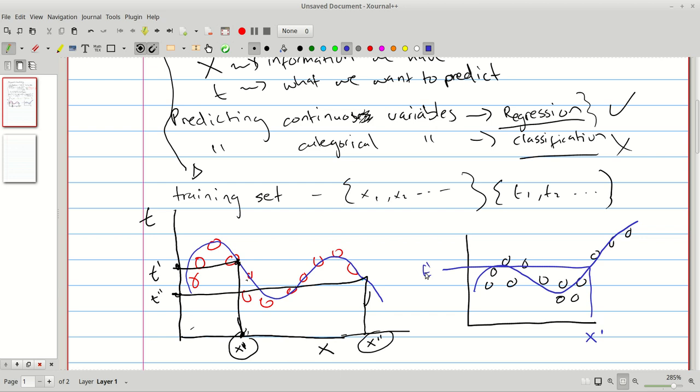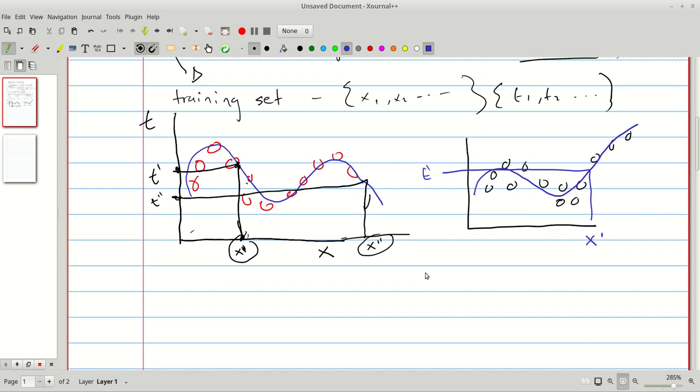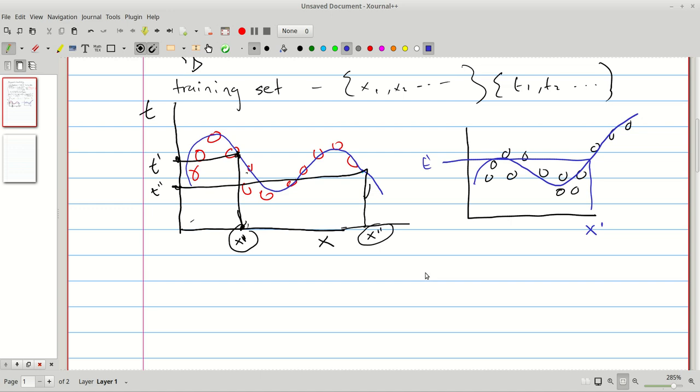That's the essence of regression: trying to fit the best line possible for our data set. That's why we call this polynomial curve fitting, because we're trying to fit the best curve for the data that we have.